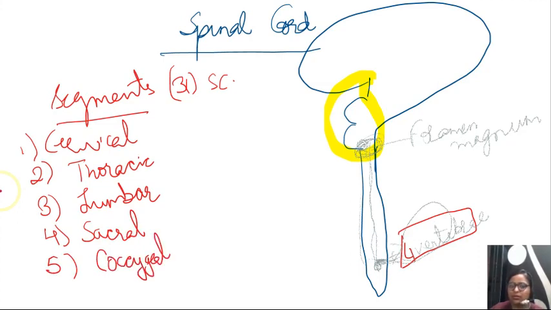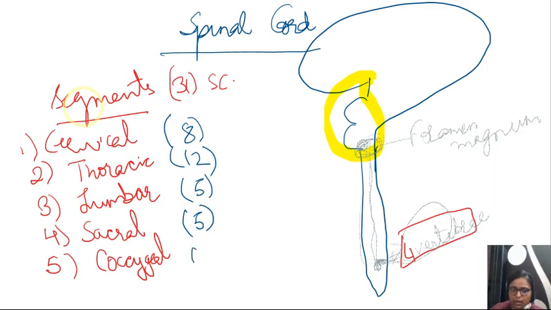Okay, these are the segments. So how did I write the 31 segments? Let's see how I have written. We have 8 cervical segments, 12 thoracic segments, 5 lumbar segments, 5 sacral segments, and 1 coccygeal segment. Okay, so these are the segments.